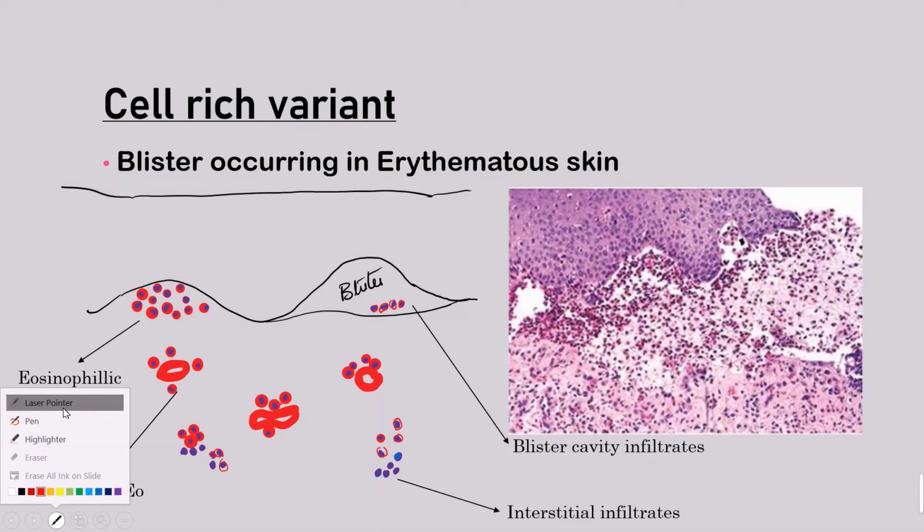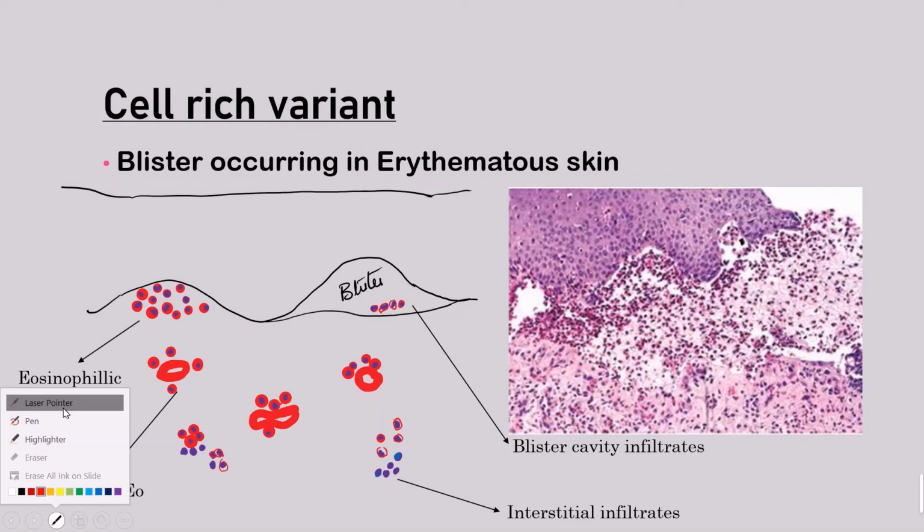Old blisters can migrate to the top and mimic an intraepidermal blister. And it can also lead to pseudocarcinomatous hyperplasia of the epidermis, as in pemphigus vegetans.